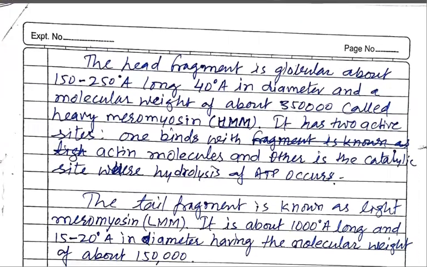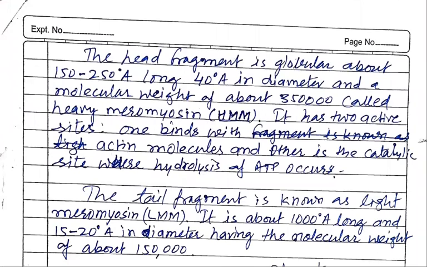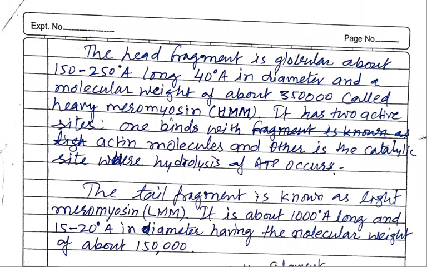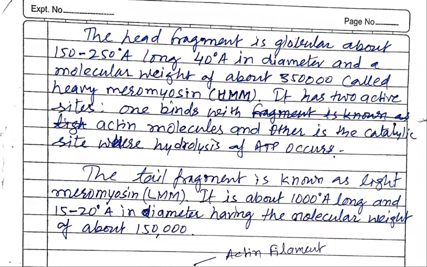The head fragment is globular, about 150 to 250 angstrom long and 40 angstrom in diameter, with a molecular weight of about 350,000 units, called heavy meromyosin.